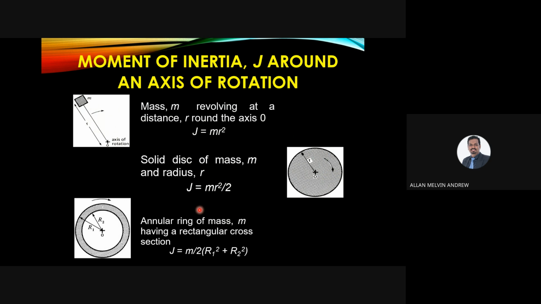And if it is an annular ring, a ring like this, meaning there's a mass here and in between it is hollow, with two radii and the center of rotation, we can use this formula: J equals m over 2 times r1 squared plus r2 squared.